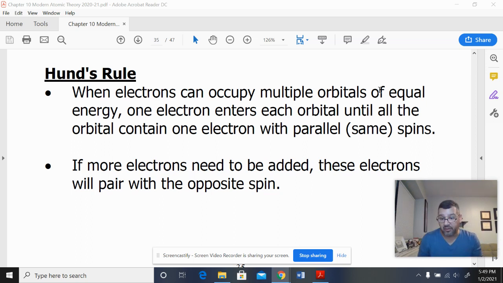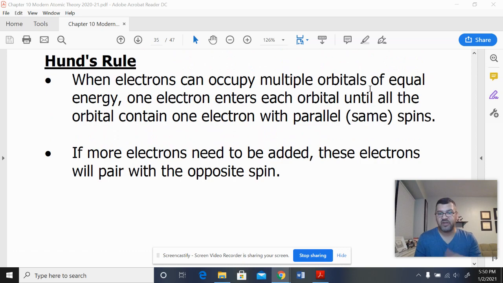Because they repel, and it doesn't take any more energy for them to go into another orbital if they have the same energy. If they don't have the same energy, then they can't do that. Then they have to pair. But if all the options of same-energy orbitals where they can be by themselves are gone, then they have no choice but to pair according to the previous principle.